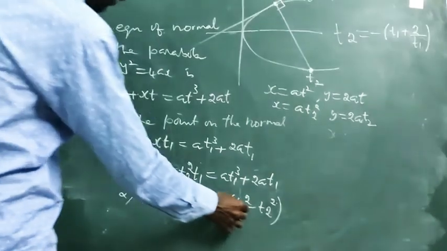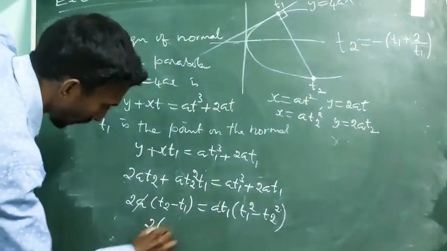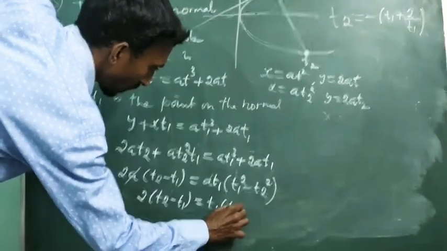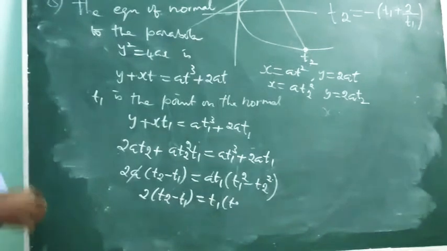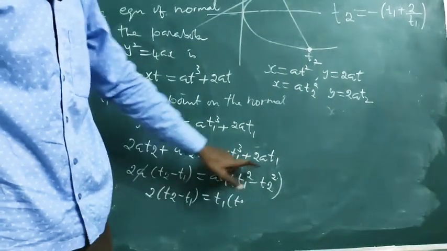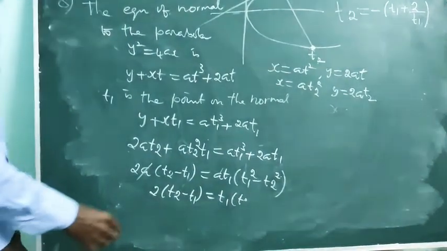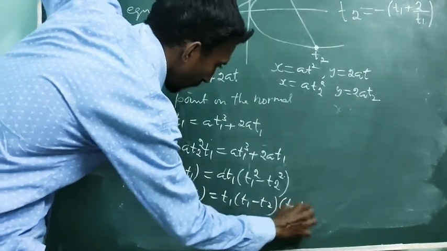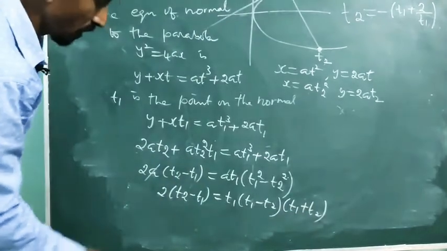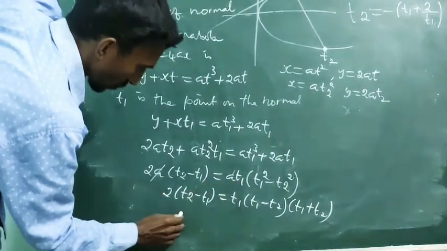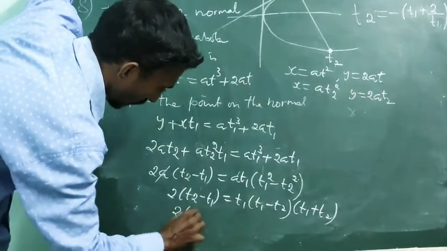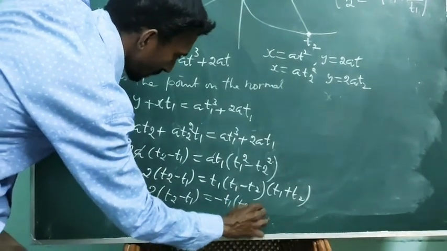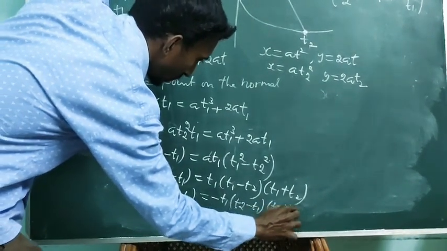Again it is of the form a square minus b square. So 2 into t2 minus t1 equal to t1 into t1 minus t2 into t1 plus t2. If we want to cancel, we get a minus here. So 2 into t2 minus t1 equals minus t1 into t2 minus t1 into t1 plus t2.